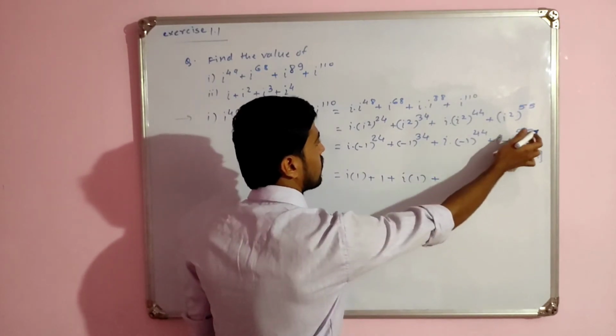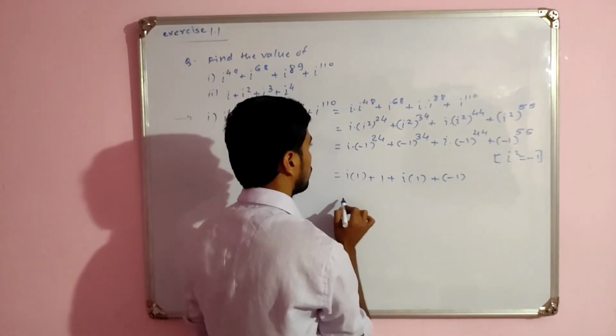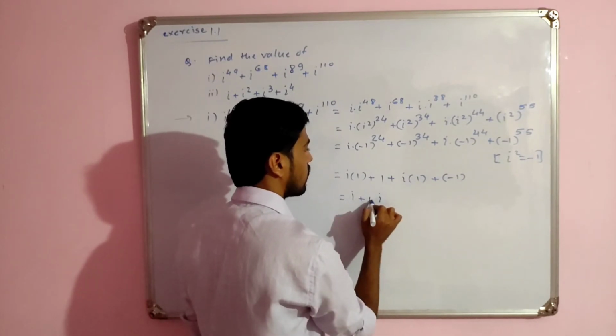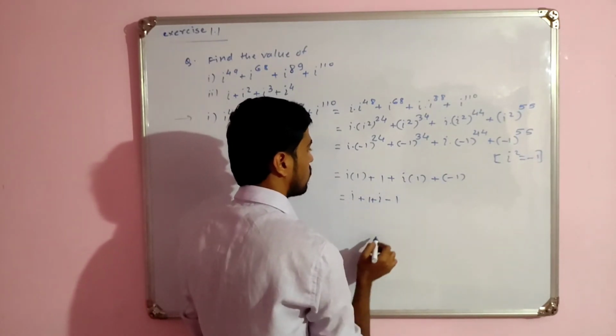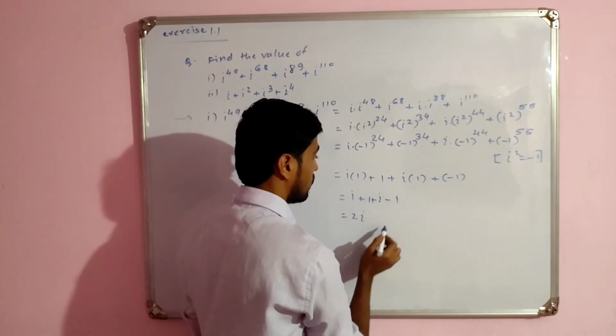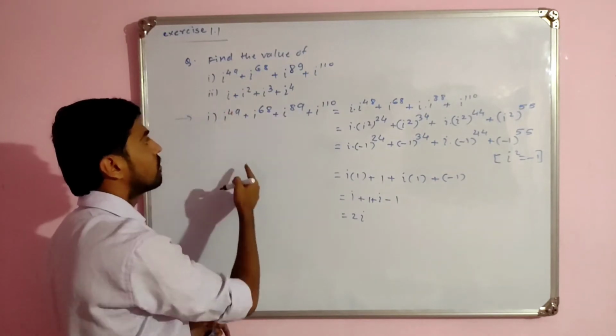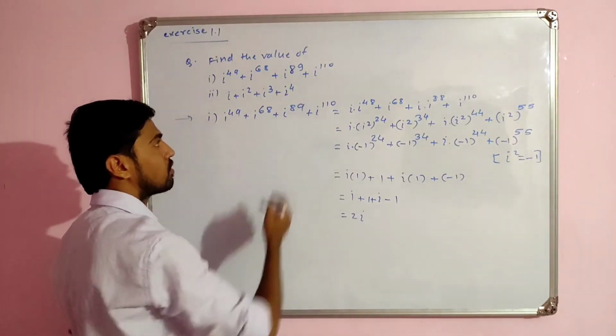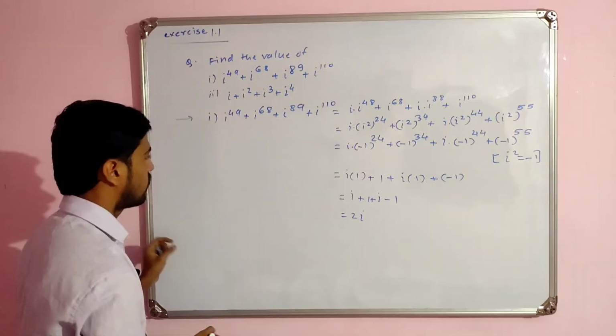So i + i is 2i, and 1 - 1 gets cancelled. This is the value of i^49 + i^68 + i^89 + i^110.